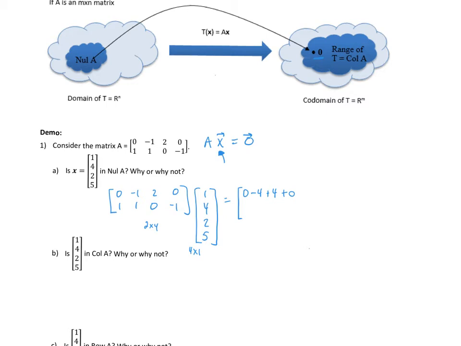And then the second row times the vector gives me 1 plus 4 plus 0 minus 5. Do that arithmetic out and you get 0, 0. Okay, so A times x does equal 0, so yes, x is in the null space of A.